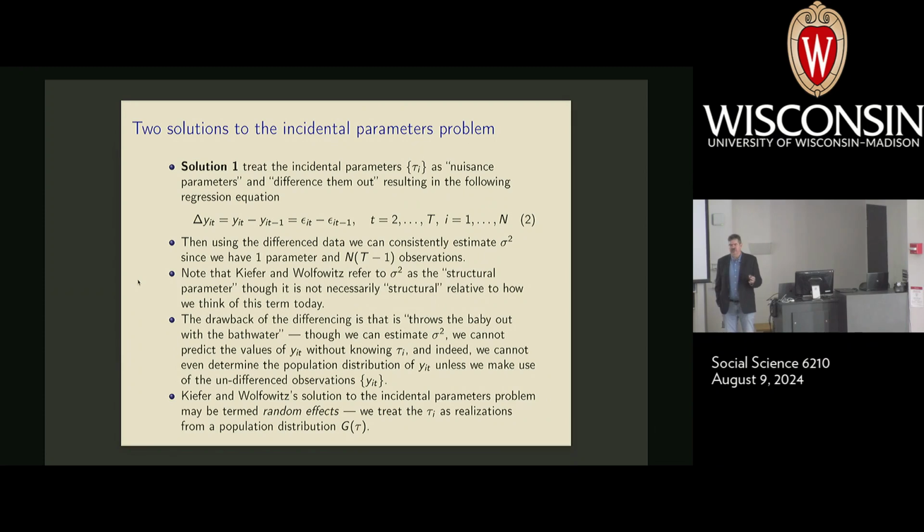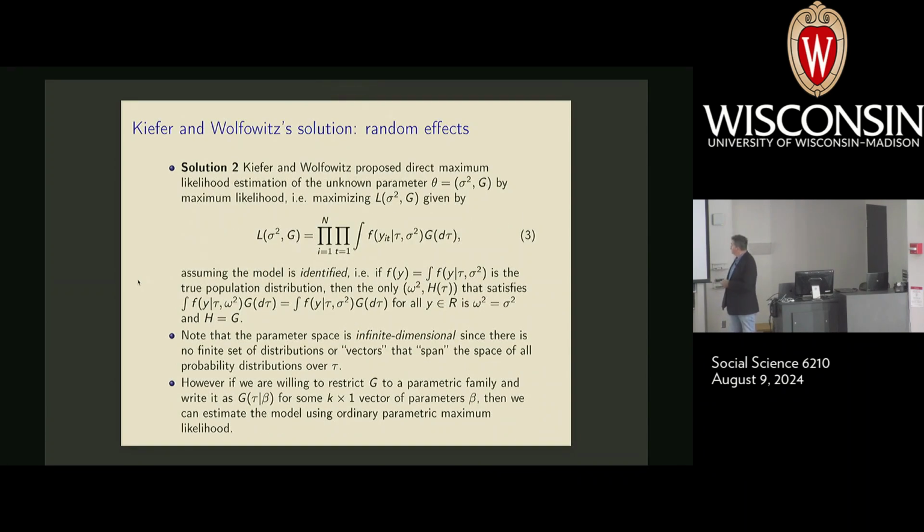You could call it semi-parametric maximum likelihood, because there's a parametric thing, sigma squared, and then there's this entire infinite dimensional parameter. Sometimes they call it a nuisance parameter, but sometimes it's the real thing of interest. It's g of tau, that distribution. So then they say, well, let's just formulate a likelihood, which is you integrate out the tau for each person.